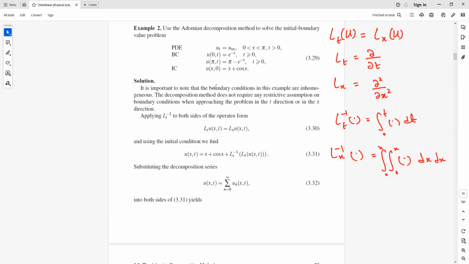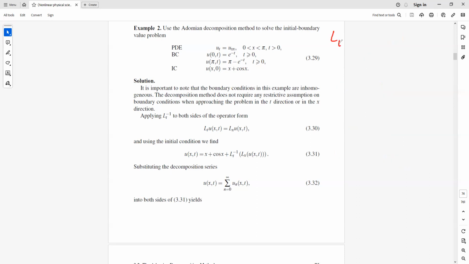Now we will solve this problem first in the t direction, and then we will see how to solve the problem in the x direction as well, and we will compare the results, right? Now starting solving the problem in the t direction, we need to apply the inverse operator with respect to t on both sides. So we get this expression.